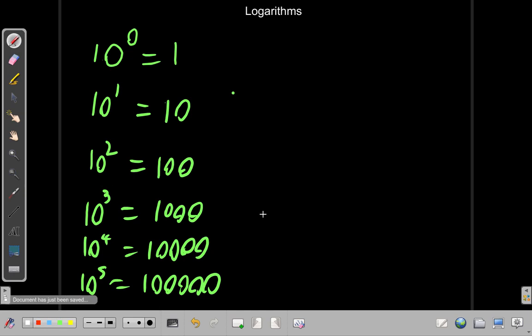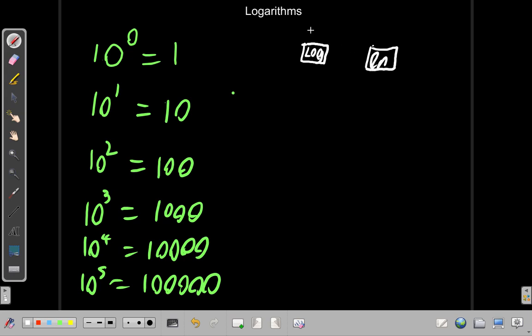Now, look on your calculator. You will have a button with LOG written on it. And there's another button beside it. With your scientific calculator, you'll see LN.